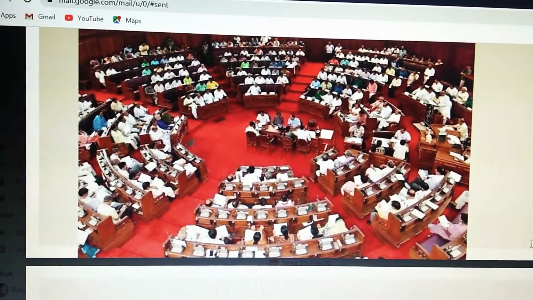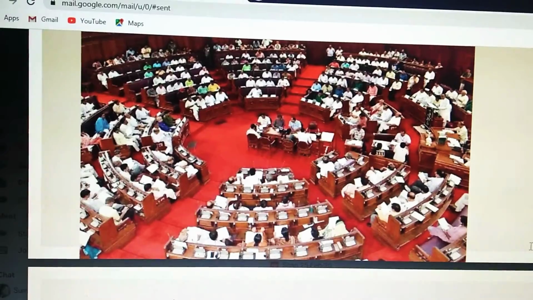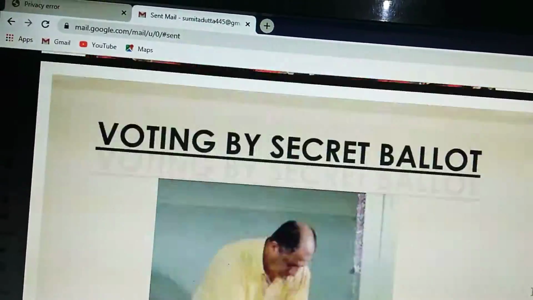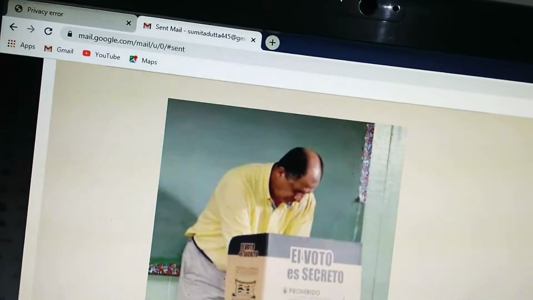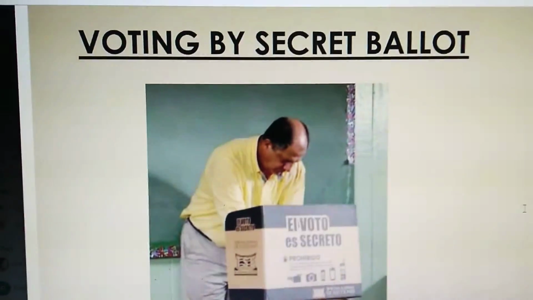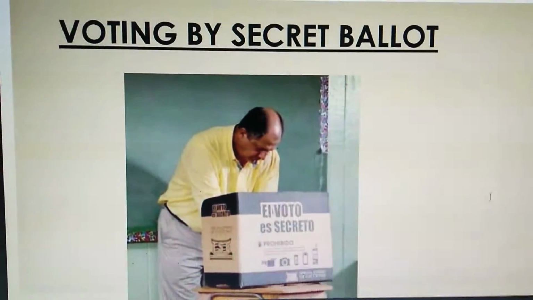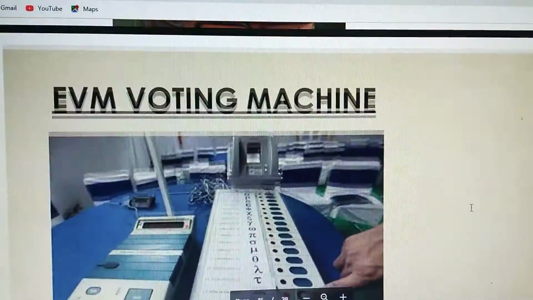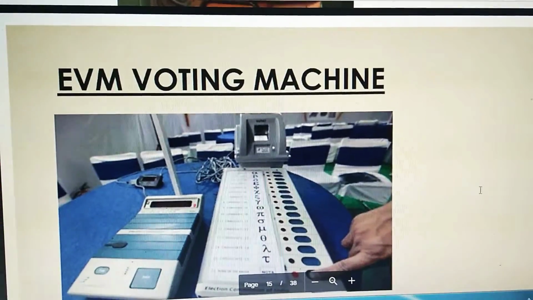Now, we'll continue with voting by secret ballot. In India, you can ask why to vote, when to vote, and how to vote. In India, we have voting by secret ballot, and recently you have heard about the EVM voting machine.